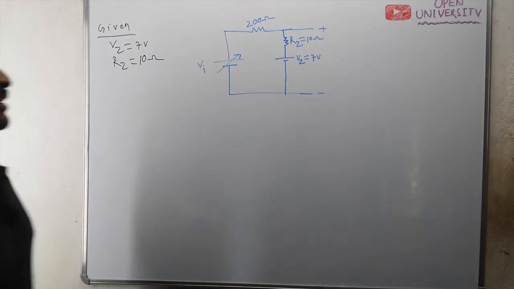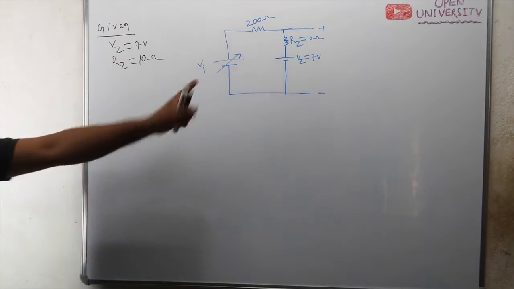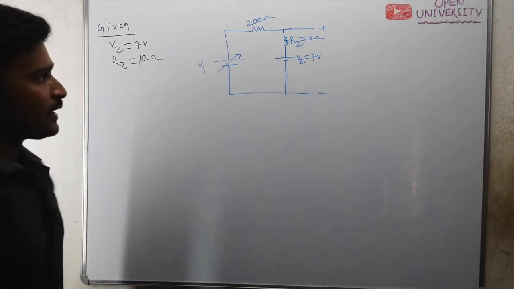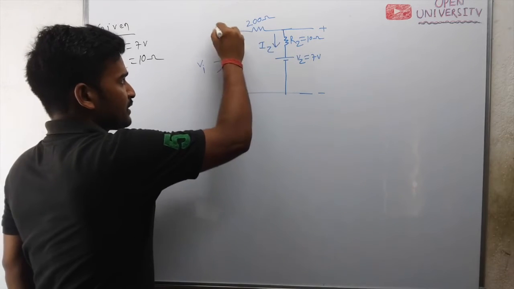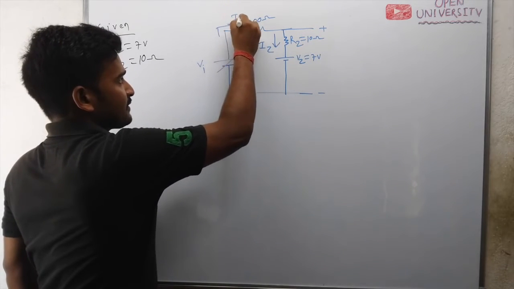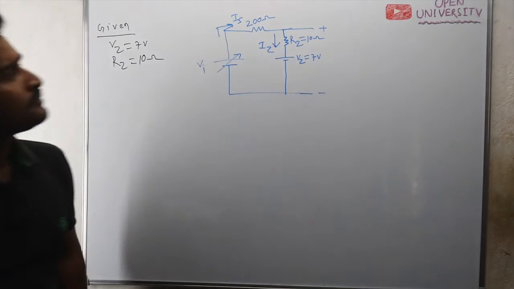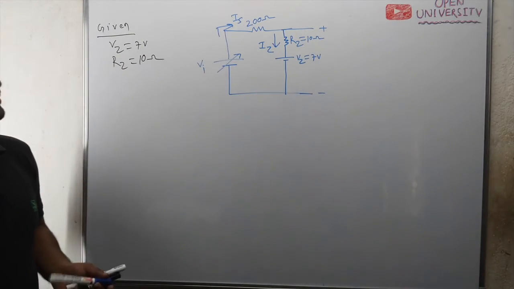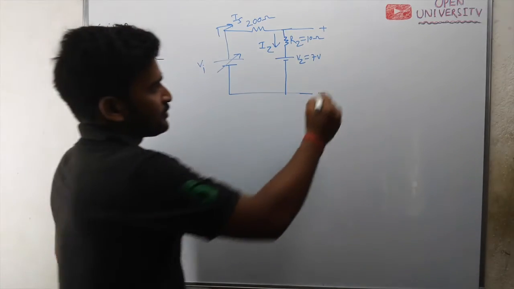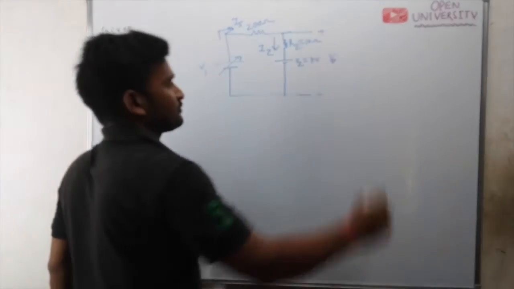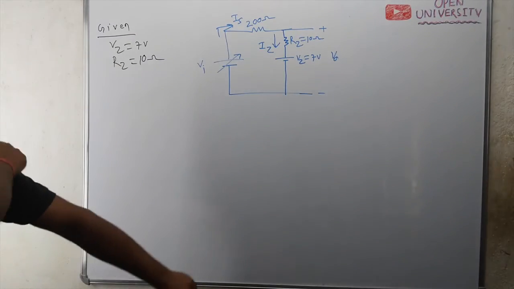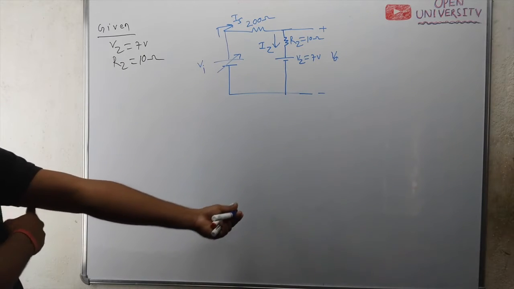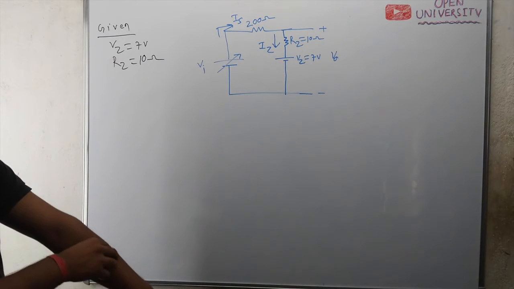Draw the equivalent circuit. This is your IZ, this will be your IS, and this is your output voltage. Replace the Zener diode with the series combination of RZ and VZ.